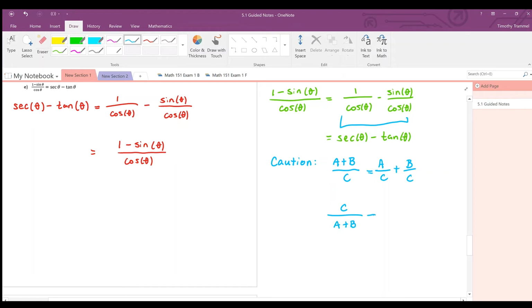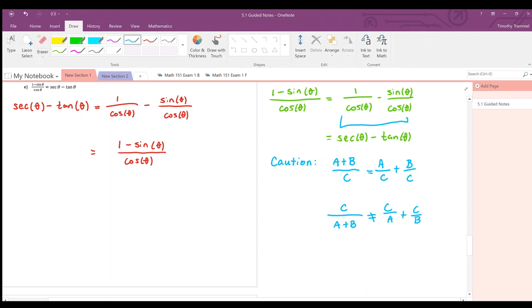This is not equal to C over A plus C over B. And this is because we'd have to get a common denominator in order to add these two together. And if we did that, well, we'd end up with C times B plus C times A all over A times B, which is not equal to C over A plus B.